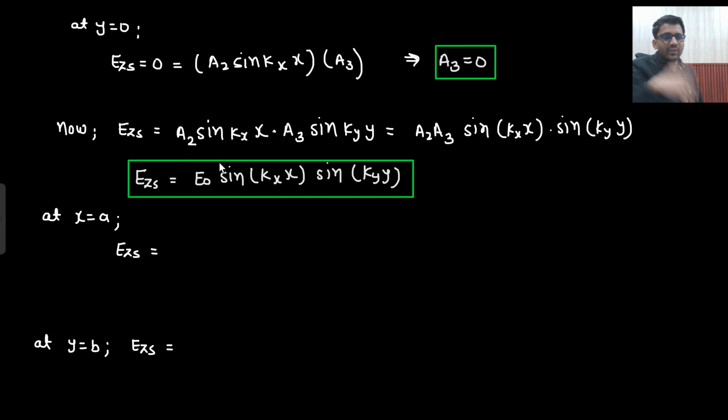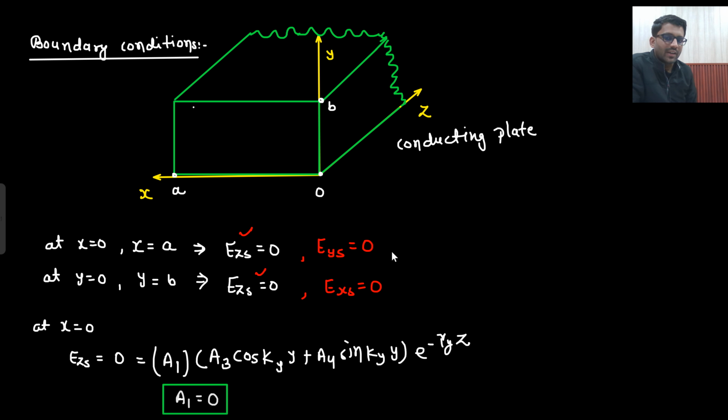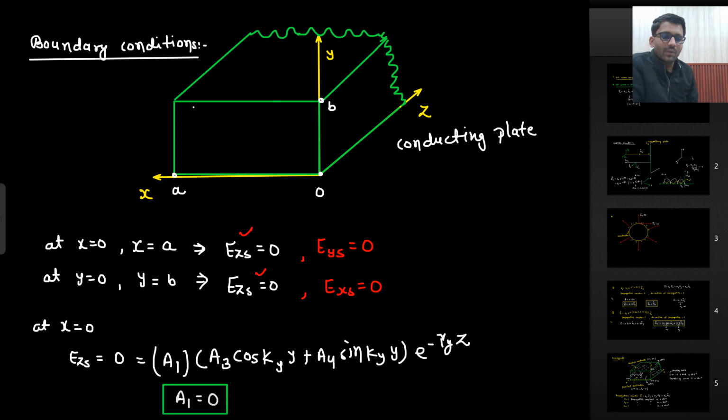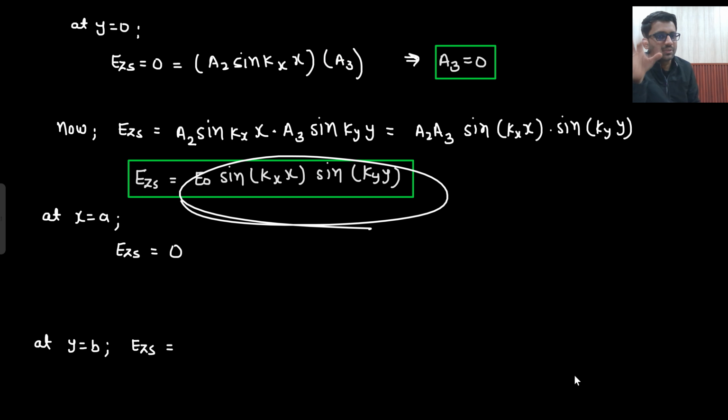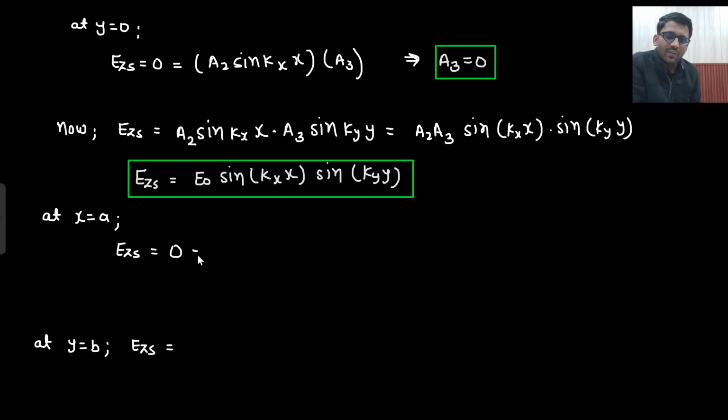Now we are having another boundary condition. What is that? At x equals to a, again your Ezs should be 0. So I will put x equals to a in this expression, because we have reduced down the expression. Now if I put x equals to a, so E naught sin kx into a into, I am not putting anything about y.